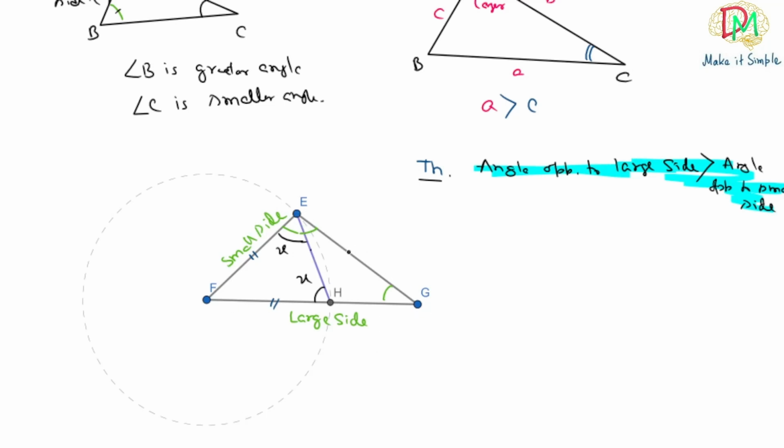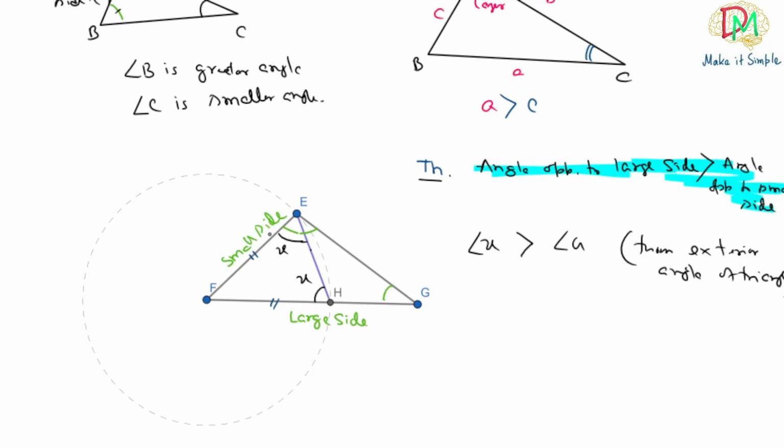So from the exterior angle theorem of the triangle, we can say that angle X is greater than angle G, because it is the sum of the opposite interior angles, that is angle HEG plus angle G, from the exterior angle of the triangle.